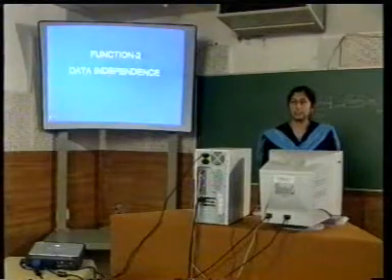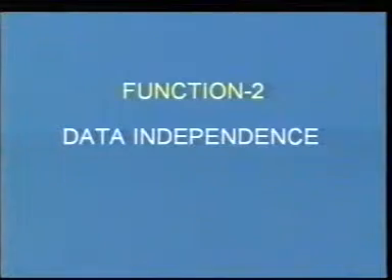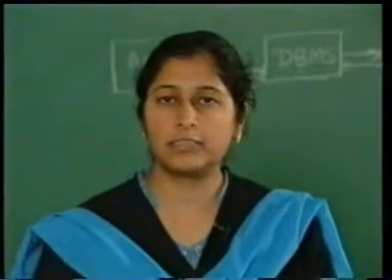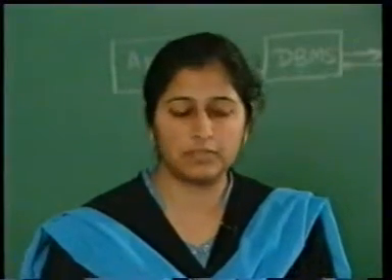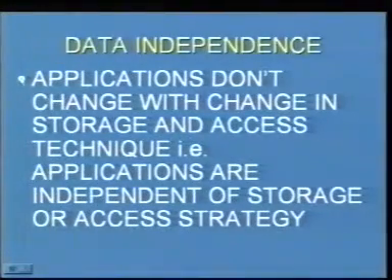Let us now discuss function 2 of DBMS, that is to support data independence. Let us understand what is data independence. Data independence means that applications do not change with change in storage and access technique. That is, applications are independent of storage and access strategy.